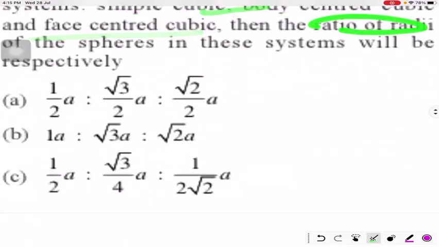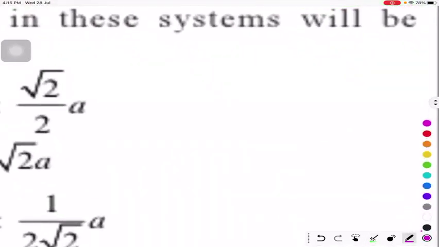So again I want to tell you one trick, a relationship between radius and edge length. What is the relationship?